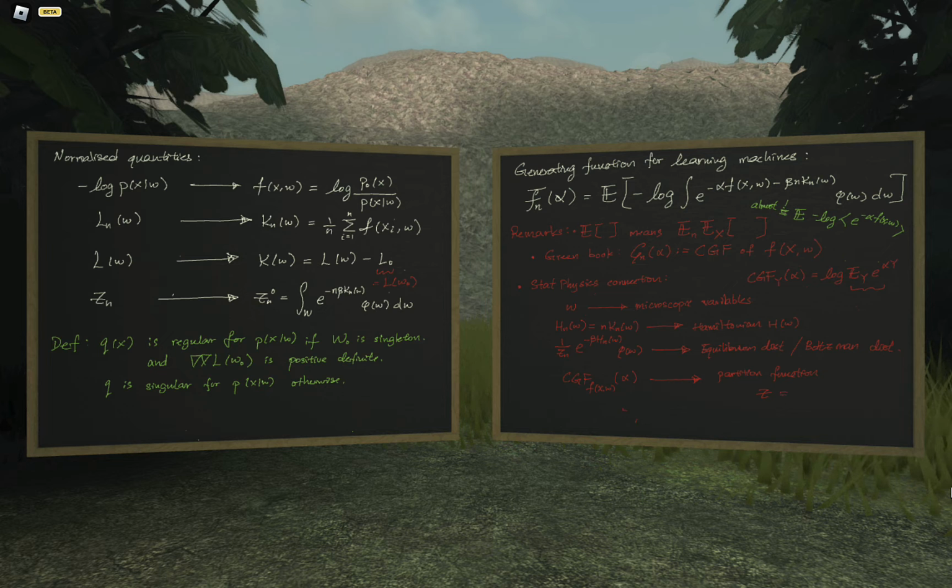Which in statistical physics is Z equal to 1 on beta log of e to the negative beta H, where H is the Hamiltonian. Where did the alpha go? Right, I guess alpha is beta.